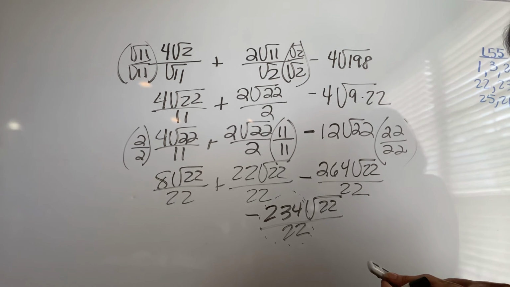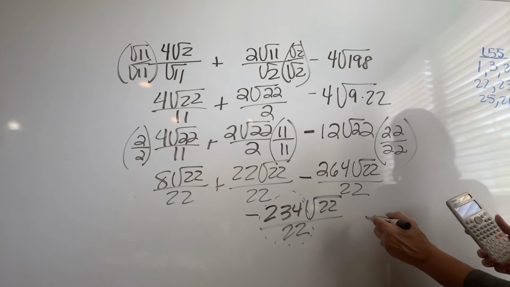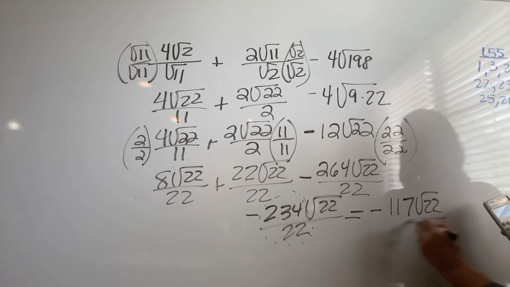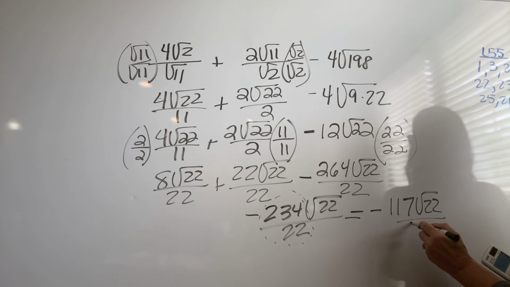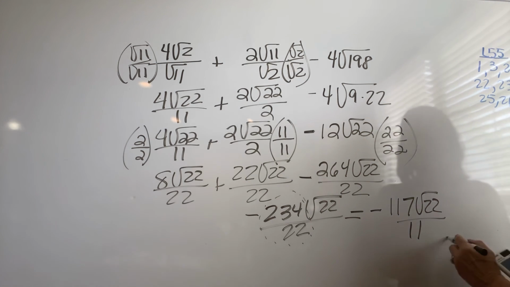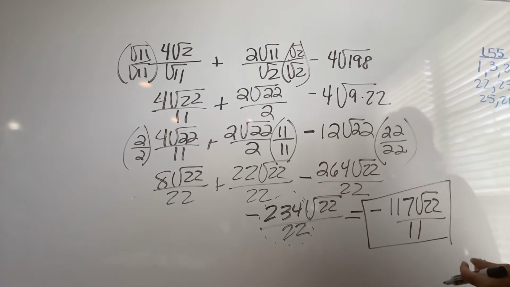So 234 divided by 2 is 117. So that's negative 117 square root of 22. I divide 22 by 2, and that's 11. This cannot be simplified any more than it is.